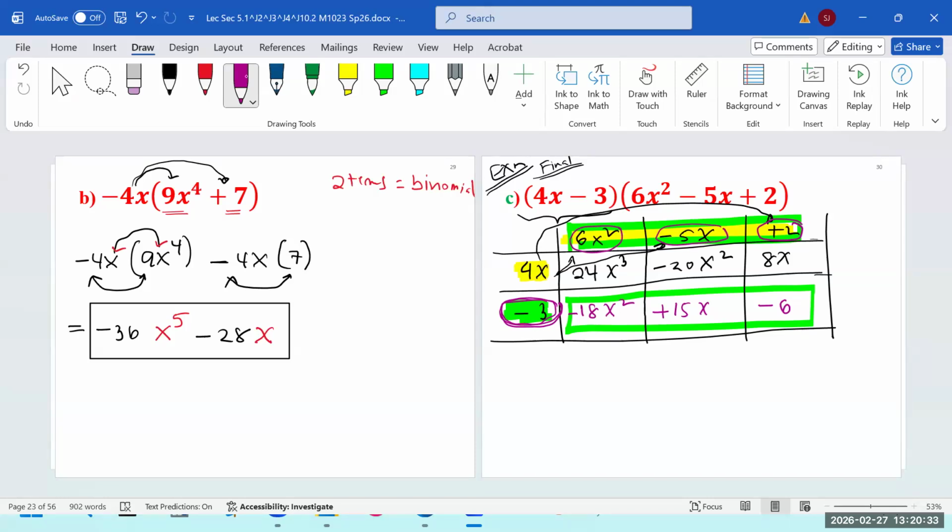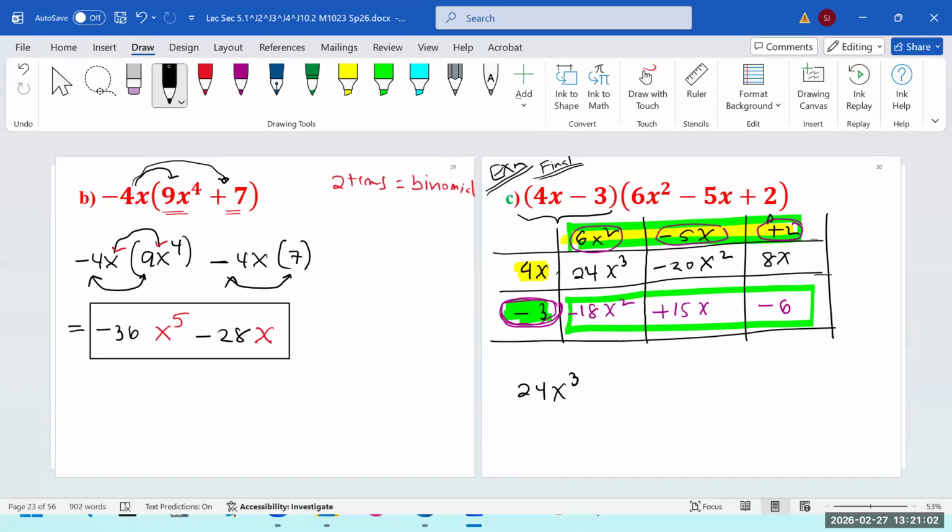So you're done with multiplication. Let me erase all these tiny things so you can see everything clearly. Now you combine like terms. Let's start with this one. The first thing you see, the cubic term. Do you see any other cubic term here? So we have only one cubic term, 24x cubed.